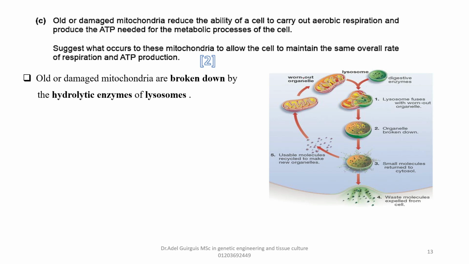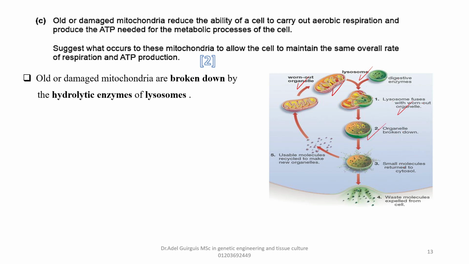Here, the senile or worn out organelle fuses with a lysosome that carries all types of digestive enzymes: proteases, carbohydrases, lipases. Here they form something called a phagosome. The lysosome fuses with the worn out organelle, which is broken down inside this phagosome.